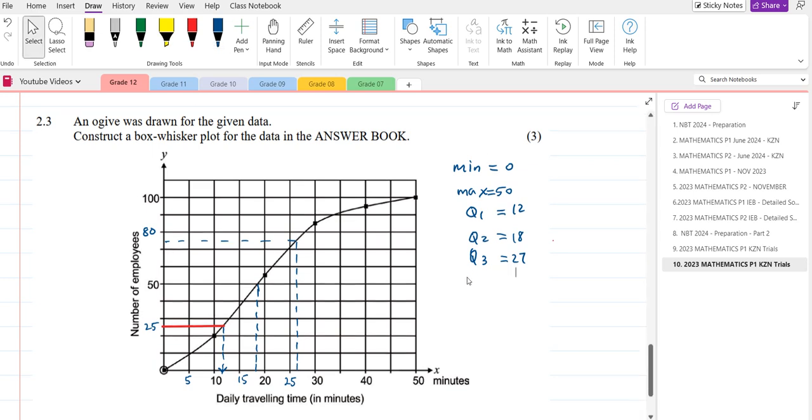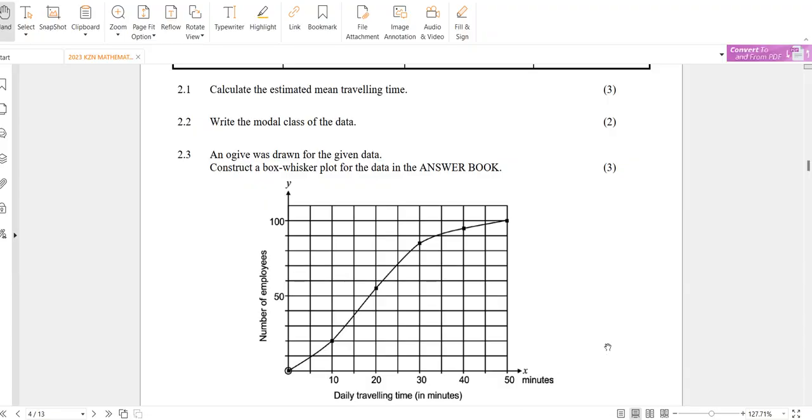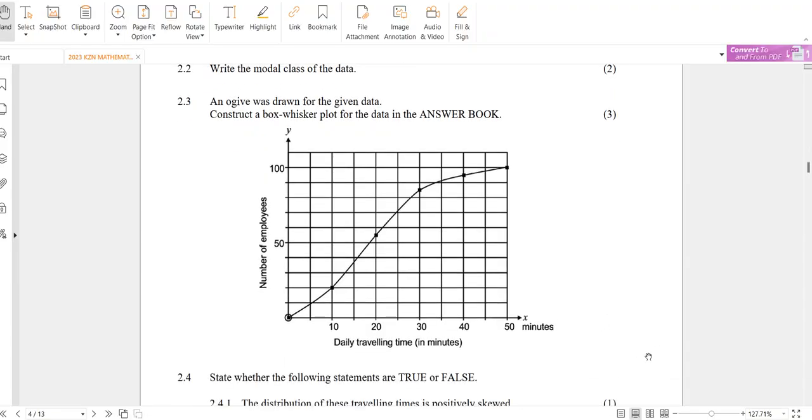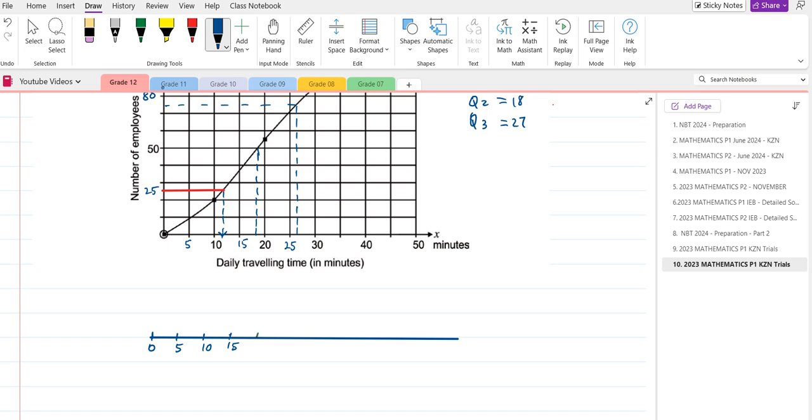Now I can construct the box and whisker plot. I can take the same intervals, so let me copy the intervals from here: 0, 5, 10, 15, 20, 25.